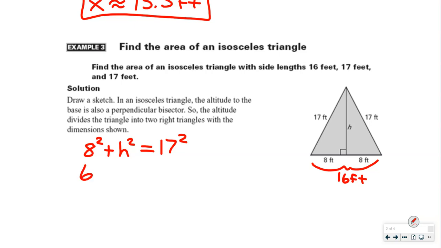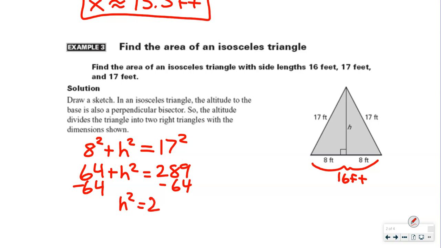So 8 squared is 64, h squared stays the same, and 17 squared is 289. Subtract 64 from both sides, and h squared equals 225. Well, that's just like one of our previous examples. So when I square root both sides, I get h equals 15.